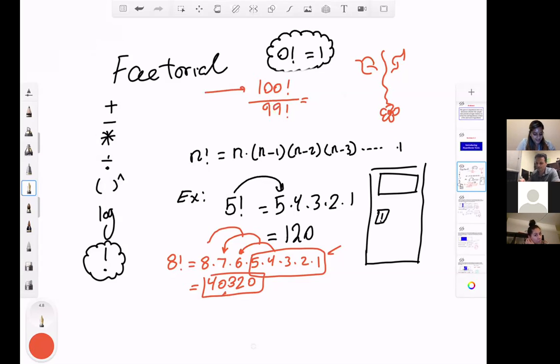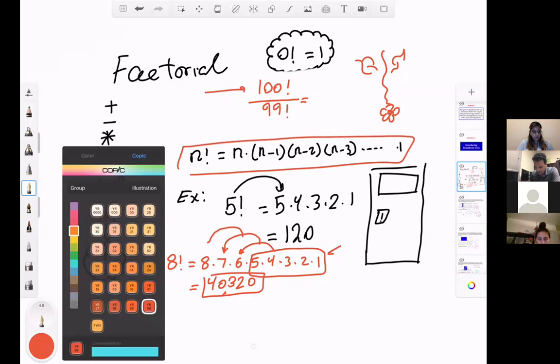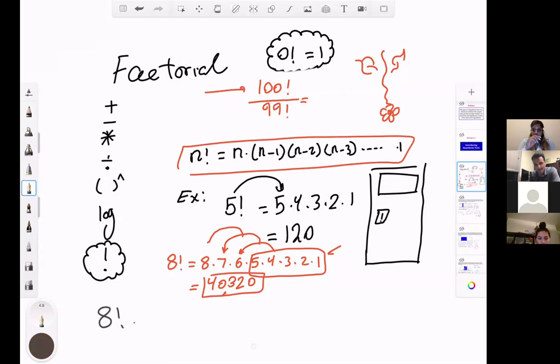So what we do, we apply the definition here. For example, for 8 factorial, I can say 8 multiplied by... So here's a factorial, correct? I can stop at any number, and after that, instead of saying 7, 6, 5, 4, 3, 2, 1, I can say 7 factorial.